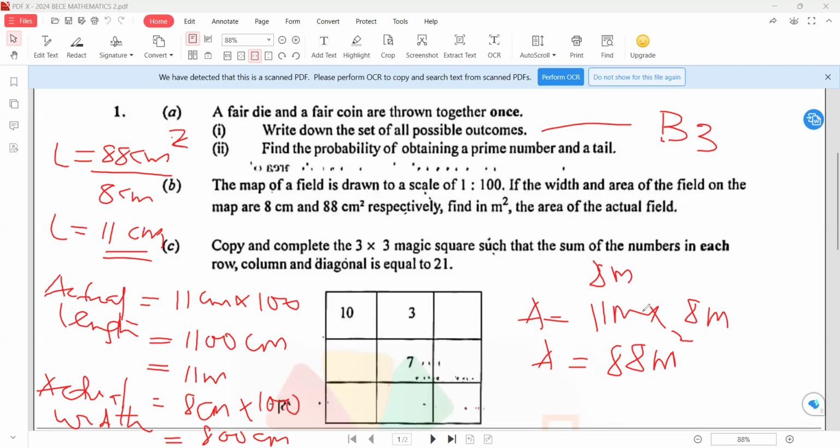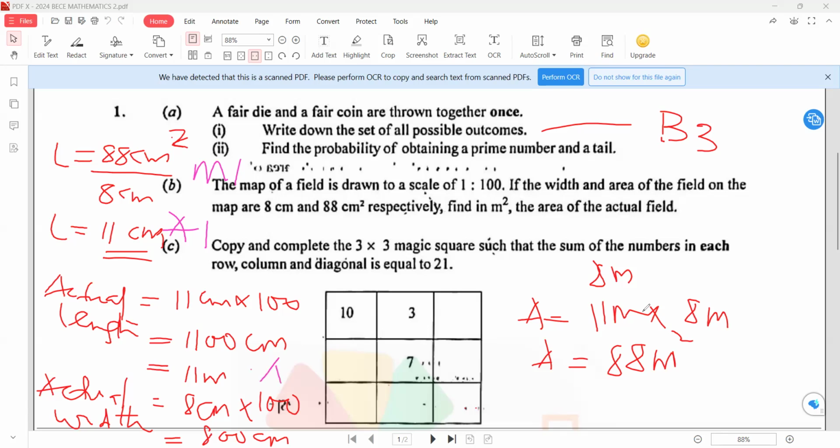So that particular person doing this is how the score should be allocated. For doing this division M1, 11 cm A1. Then we move straight to your ability to find either the actual length on the field being 11 meters or the actual width, which is 8 meters.